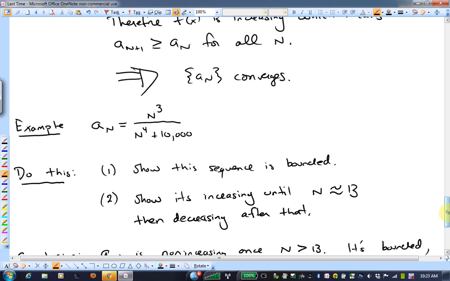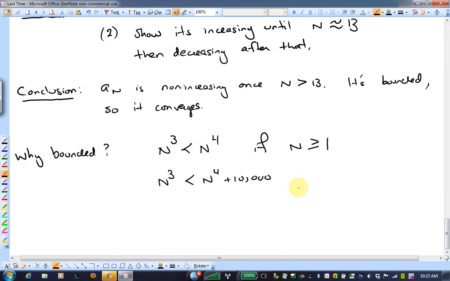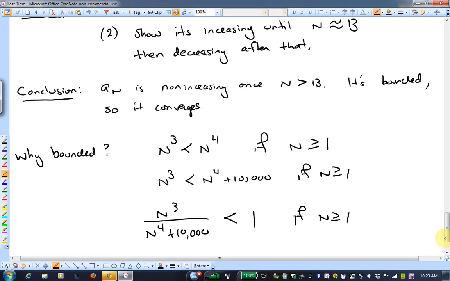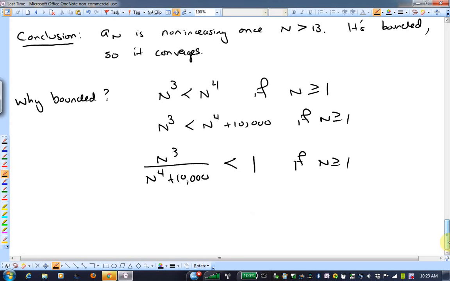This magic number 10,000 is always here. Again, if n is bigger than or equal to 1. So n cubed divided by n to the fourth plus 10,000, well, that's less than 1. So it's definitely bounded above. And then the other point, I guess I should have just done this for you. I mean, look, that's bigger than 0, that's bigger than 0, that's bigger than 0. So the whole point is that sequence is trapped in the interval from 0 to 1.